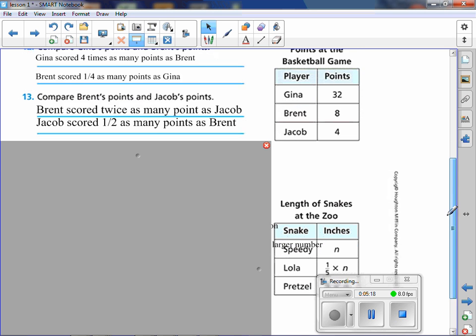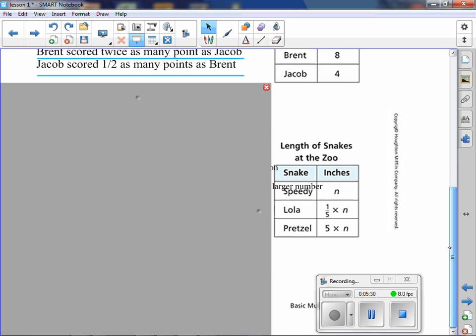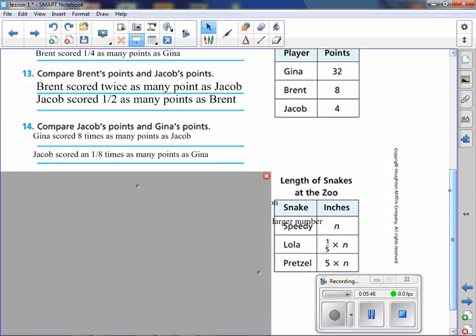Going forward, looking at the length of snakes at the zoo, if Speedy is a whole number, Lola is a fifth of that whole number, so much smaller, and Pretzel is 5 times that whole number. This is like division, so this is going to be my smallest one. This is multiplication. When we multiply two whole numbers, we're going to get a larger number. And this is just that whole number all by itself. Oh, I skipped one. I'm sorry. Let me come back up to Gina and Jacob.